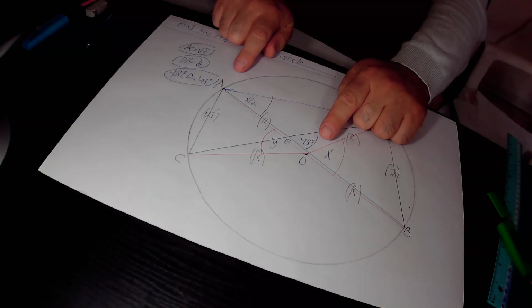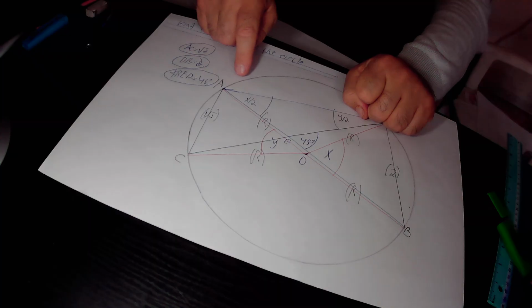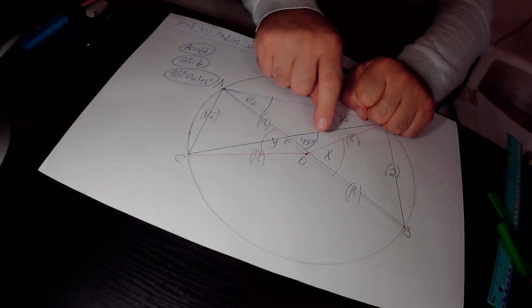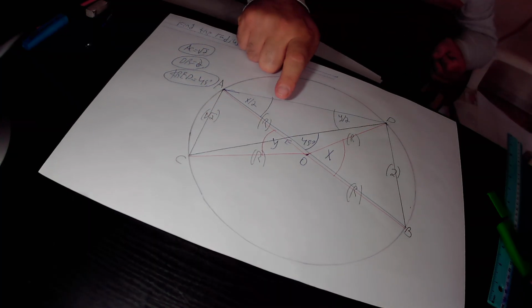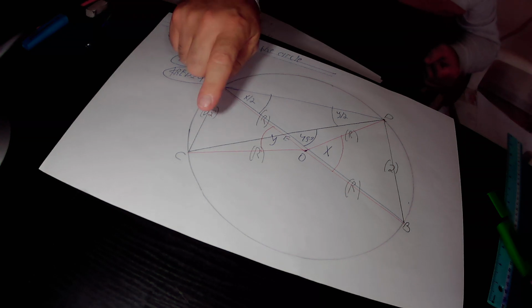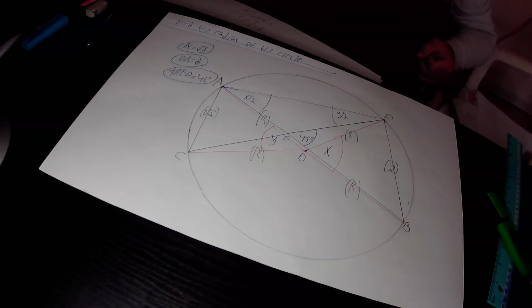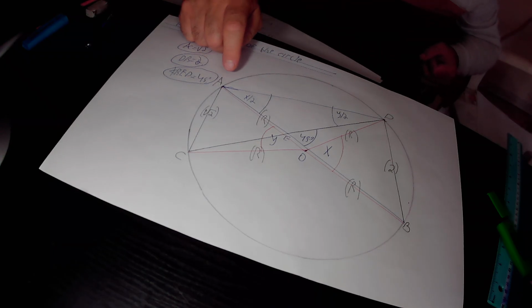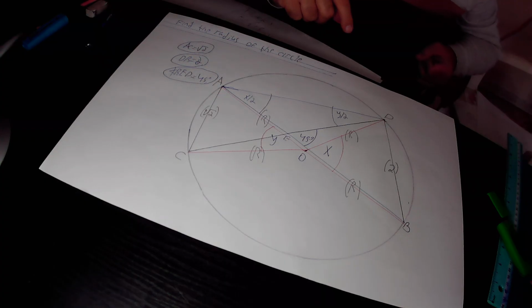By doing this construction, we get the central angle AOC. This central angle AOC subtends the same chord AC, exactly like peripheral angle ADC, which also subtends chord AC.